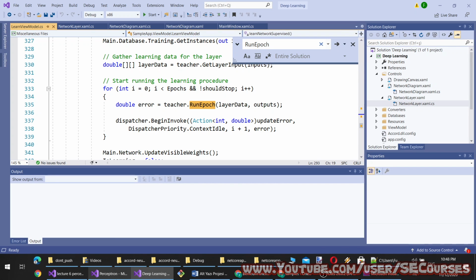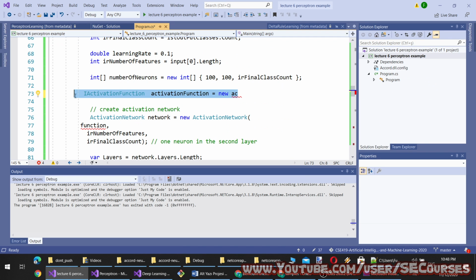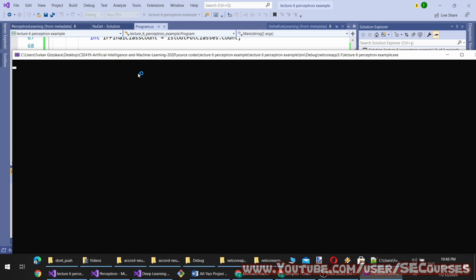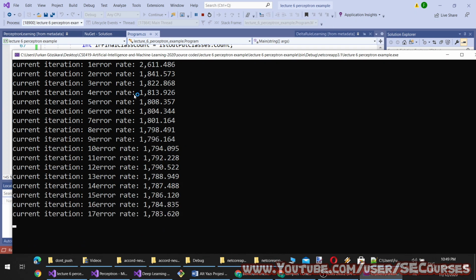Let's try with the Bernoulli function. Different activation functions can have different performance.